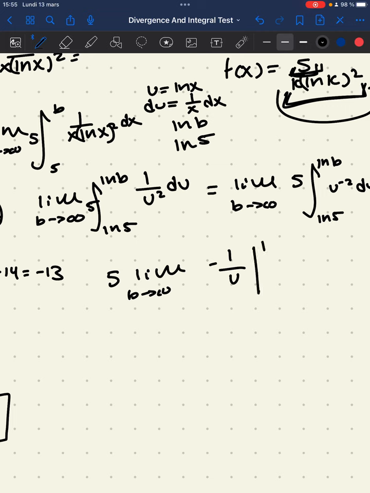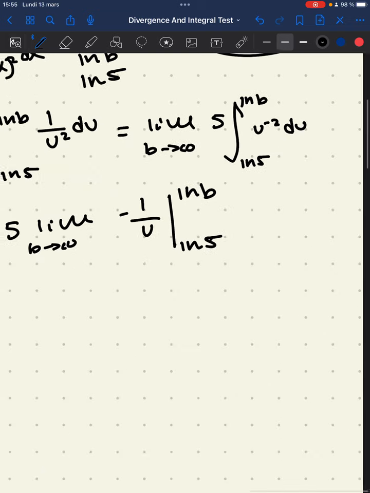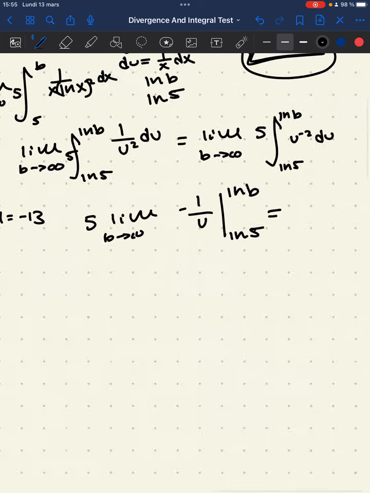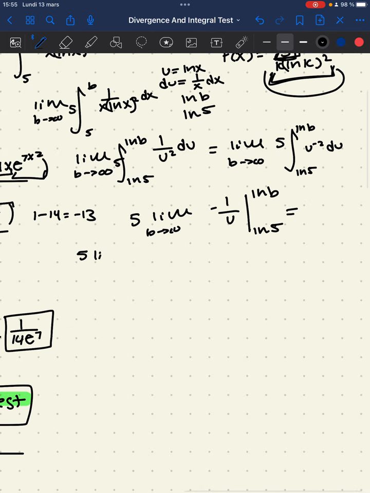with your new bounds, which is ln b, ln 5. Now this is equal to 5 limit b approaches infinity, negative 1 over ln b plus 1 over ln 5.